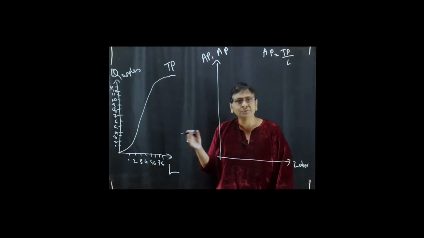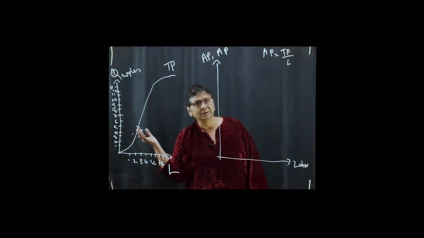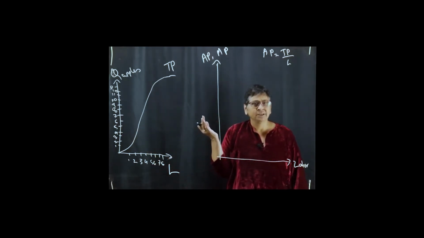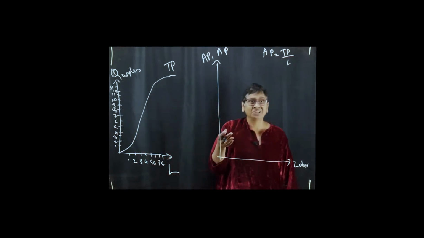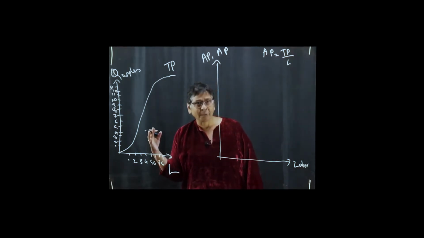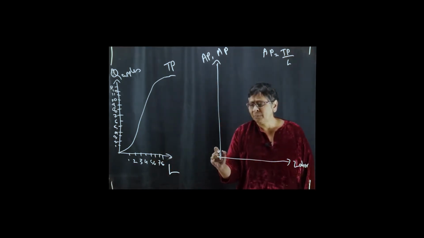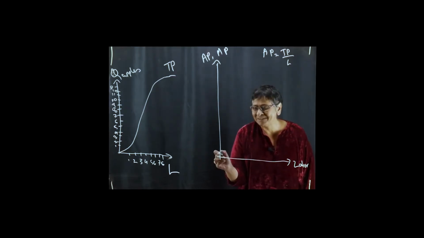it. So if one worker gave you 1 apple, the average productivity is 1. If when you bought the second worker, because of division of labor, you ended up getting 3 apples, the average productivity is 1.5, right? So you begin to see that. Obviously you start at 0, no workers, no productivity, and you don't really divide by 0.